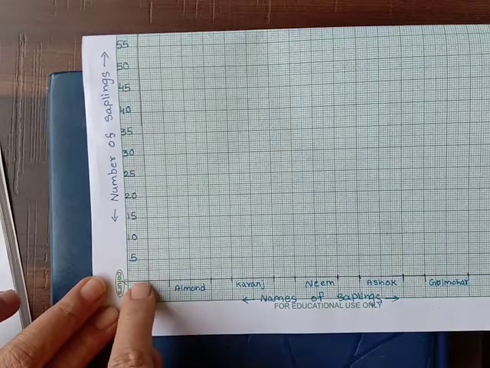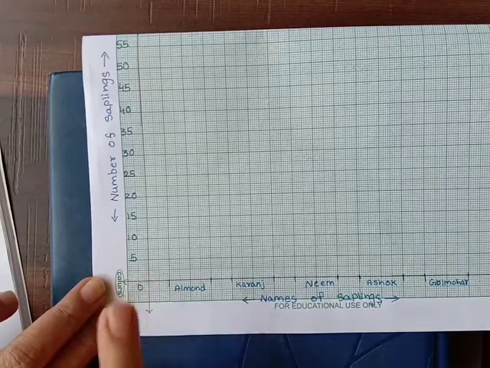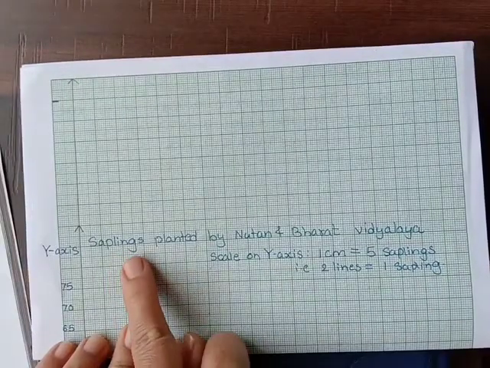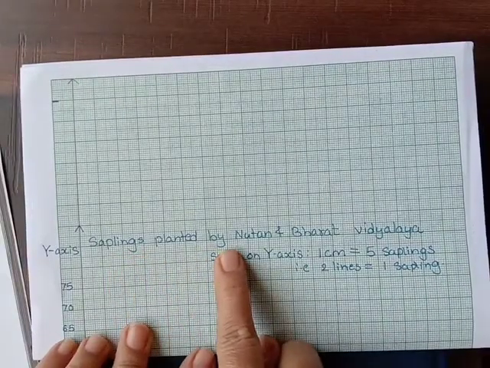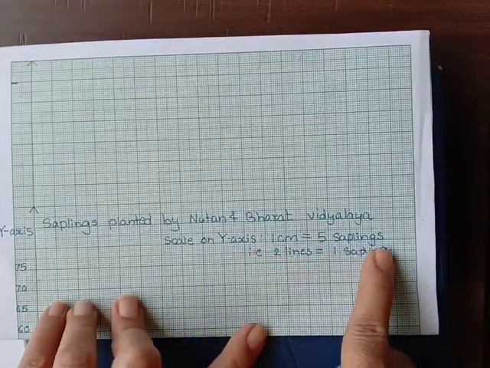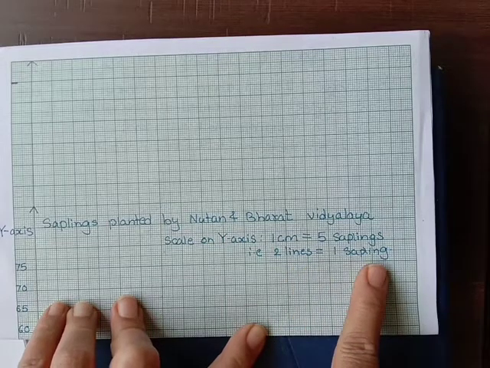But in 1 centimeter there are 10 lines if you count. That means 2 lines will correspond to 1 sapling. So while writing the scale, what I have written? First is the heading of the graph, saplings planted by Nutan and Bharat Vidyalaya, and scale on y-axis 1 centimeter is 5 saplings, or 2 lines is equal to 1 sapling.